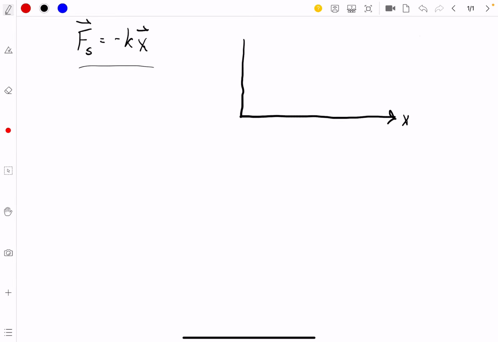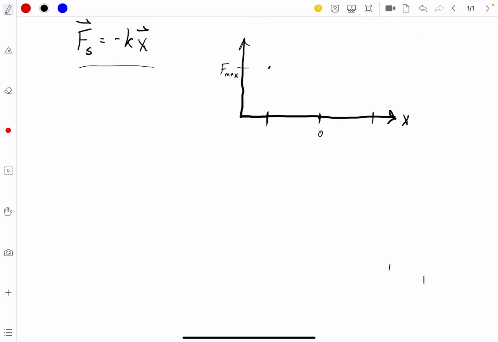So here we have x. Here we have our force. Let's write it in a way that this is our maximum force, F max, and right here is 0. So that's our force max.